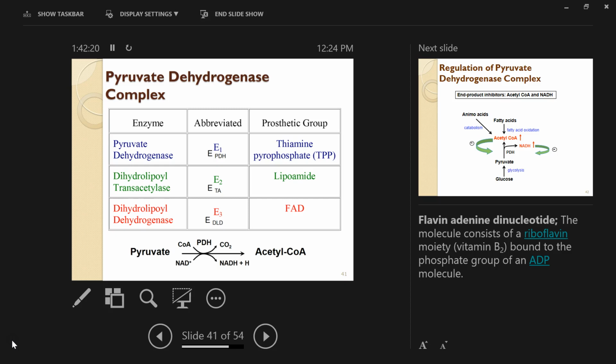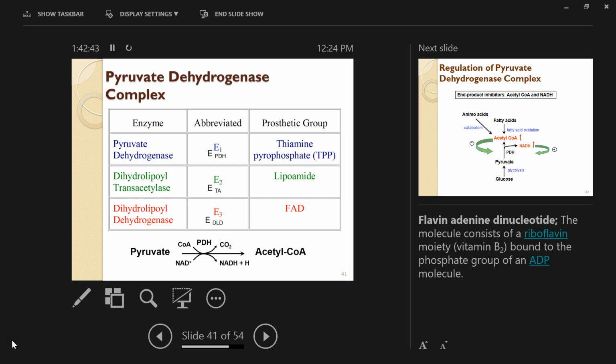The main function of this enzyme complex is to decarboxylate pyruvate and convert it to acetyl-CoA. This reaction occurs in the mitochondria. So pyruvate is generally from glycolysis.